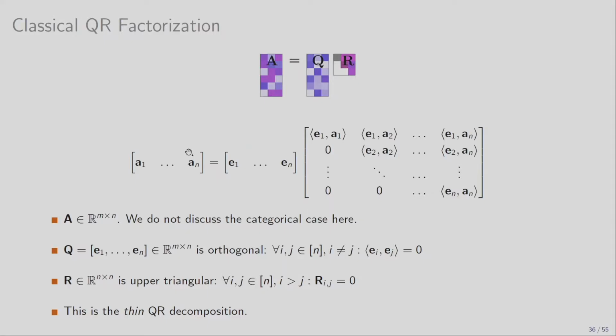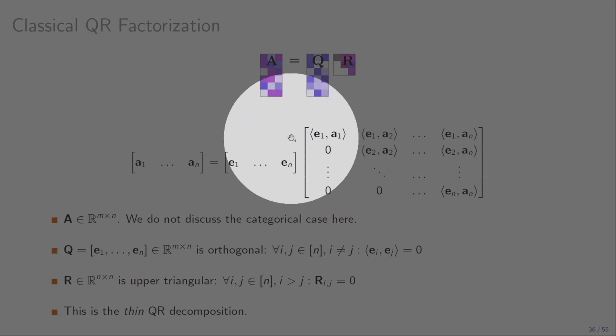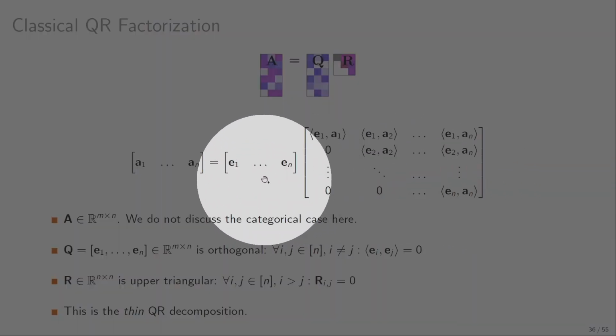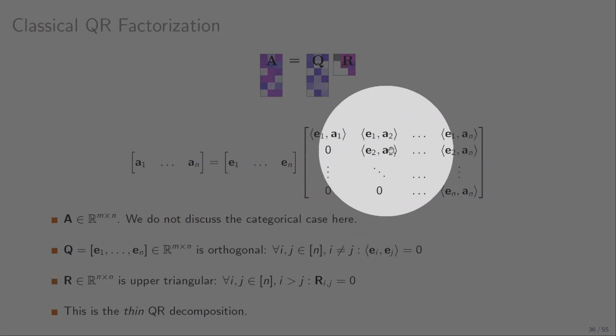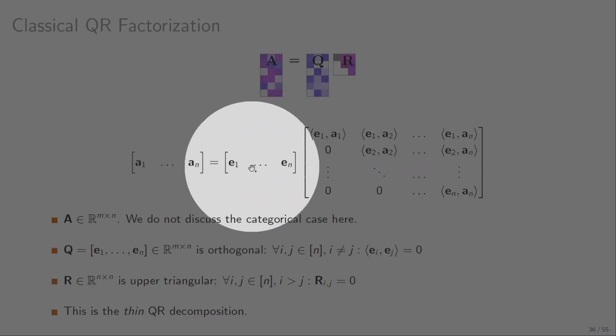Each vector in A is also of the size of the query result. And we get R, which is an upper triangular matrix, whose entries are the dot products of these E's and the A's. Usually R is what is relevant. R is n by n, where n is the number of features, whereas, as I said, Q may be large.